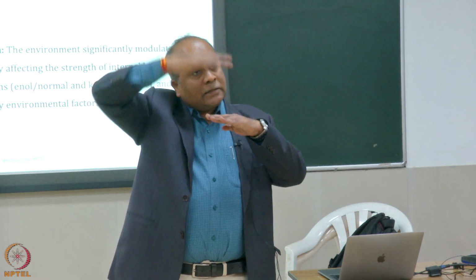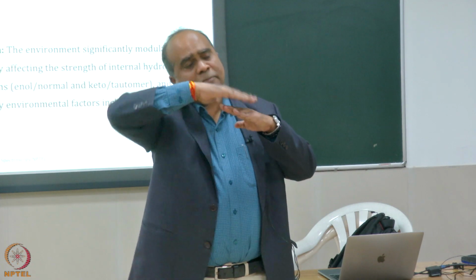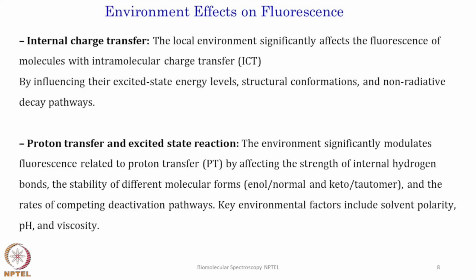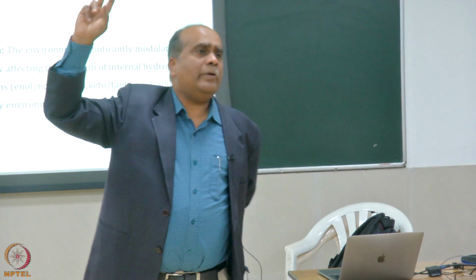So, all the energy has to come from excited state. If something is there which takes away the energy, it will affect. So, the excited state level can change, and it can change through the non-radiative decay pathway. So, internal charge transfer is not the preferred one. Similarly, proton transfer and excited state reaction is not. So, if you remember, I discussed two kinds of quenching. What were those?